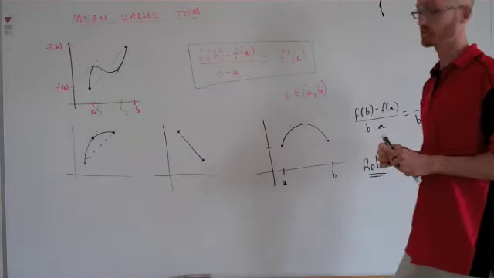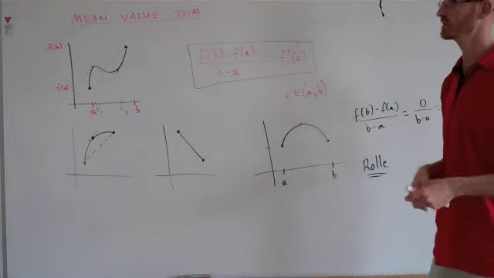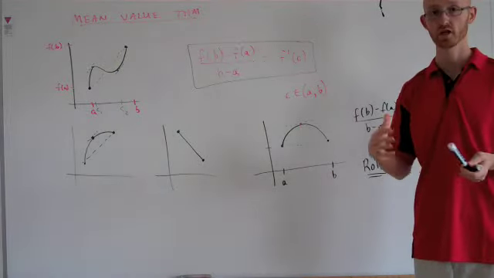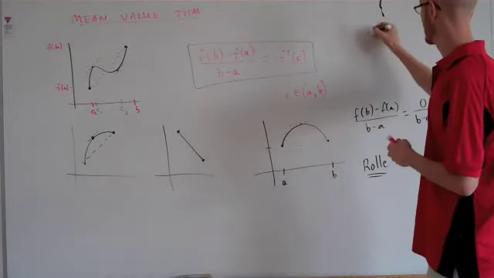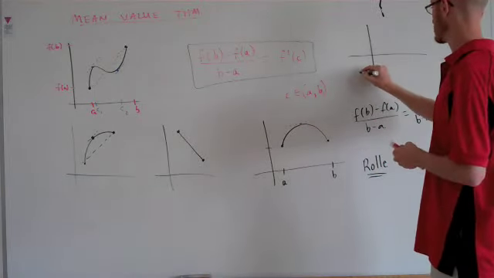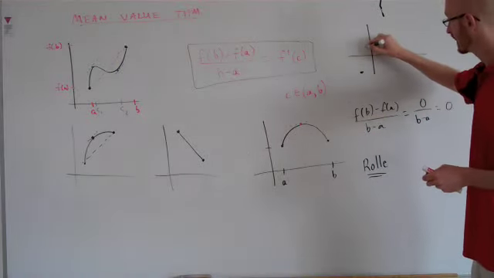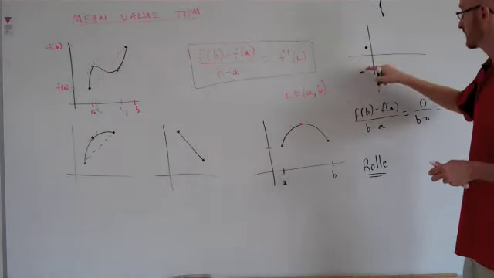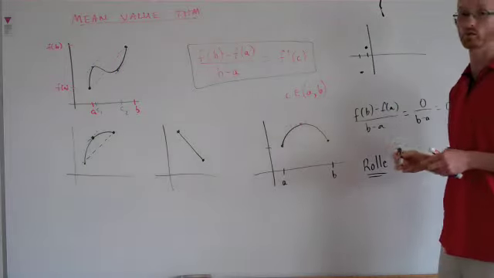You can use this to prove things. You can use these two things coupled with the intermediate value theorem to prove things such as that a function has one root. So for example, if you knew this to be true, that it has a negative value here and a positive value here, then that tells you there has to be a root somewhere between, let's say, -2 and -1. Right?